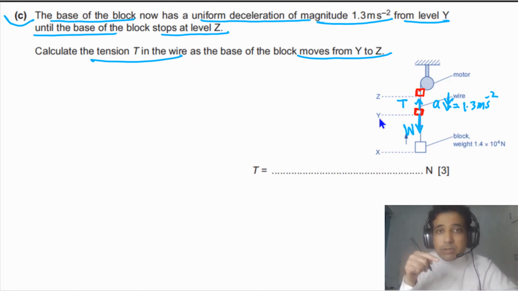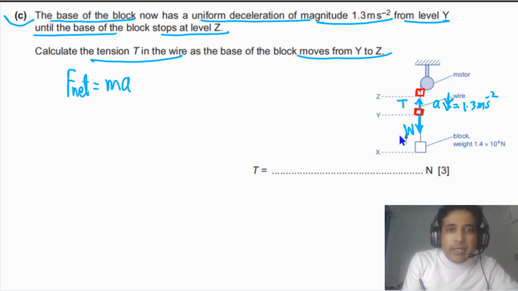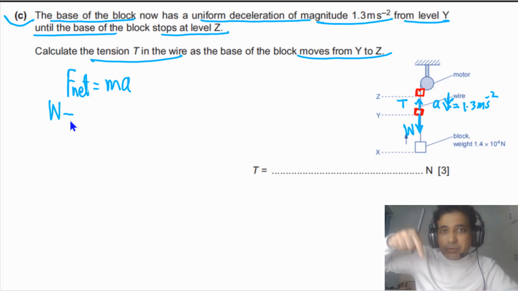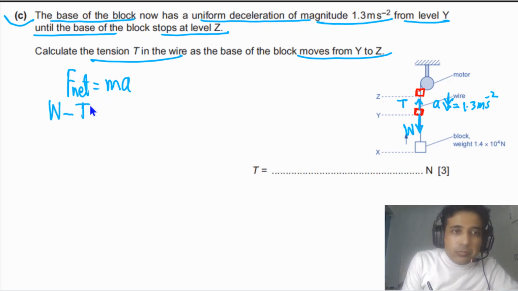As the block is decelerating and acceleration is downwards, it means the downward force is greater. So we can start from here. We can say in this case F net is equal to ma, and W is greater than T because the block is decelerating, or simply you can say the block is accelerating downwards. So we can say W minus T will be equal to ma.